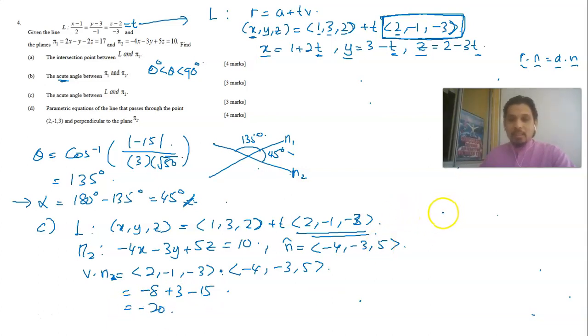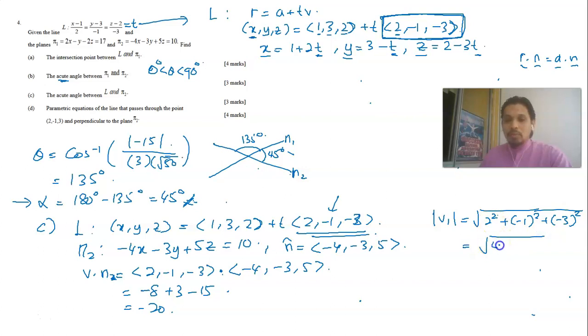And then modulus of v here is square root of 2 square plus -1 square plus -3 square, equal to 4 plus 1 plus 9. 9 plus 1 equal to 10, plus 4, square root of 14.